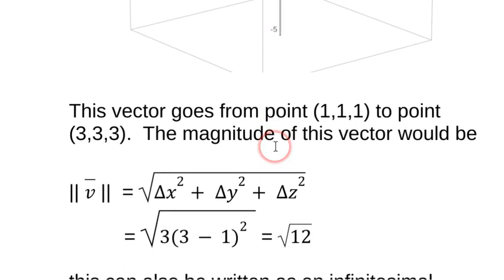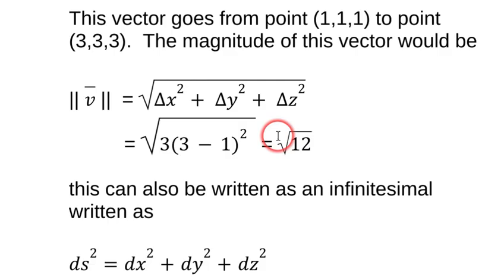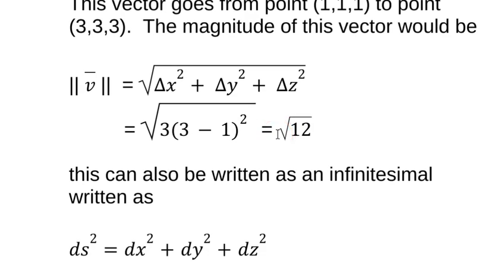Now we can also carry this out into what's called an infinitesimal. And if you think of this, this would say this is some arc length. If you look at a curve and you zoom in close enough, you just keep zooming, you will find a piece of that curve that looks flat. And that's what this means.